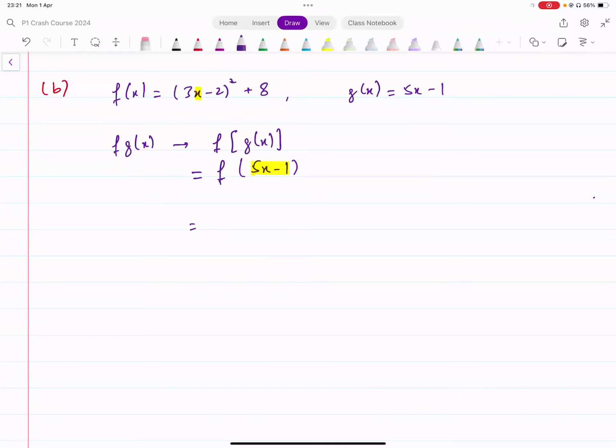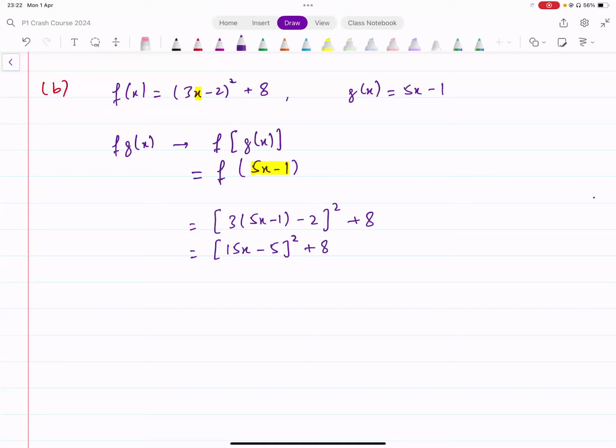What does that give you? 3 into 5x minus 1 minus 2 whole squared plus 8. If you simplify this, that's going to give you 15x minus 3 minus 2. That's 15x minus 5 whole squared plus 8.